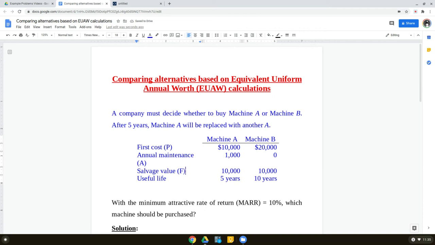This F also needs to be converted into equivalent annual, and then we can add or subtract them depending on whether they're costs or benefits, and then we will get that EUAW, one number, equivalent uniform annual worth for machine A, and same for machine B. Then we can compare their respective EUAW values, and whichever has a higher equivalent uniform annual worth, that would be our choice.